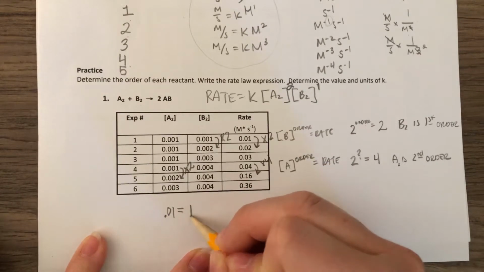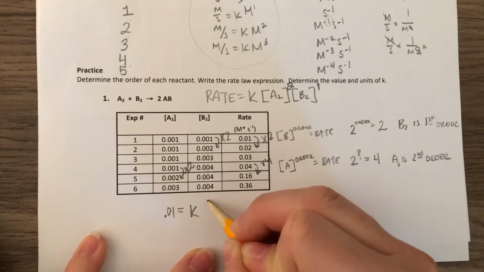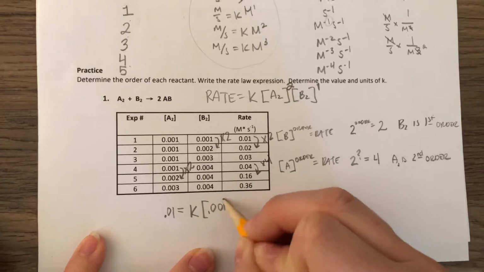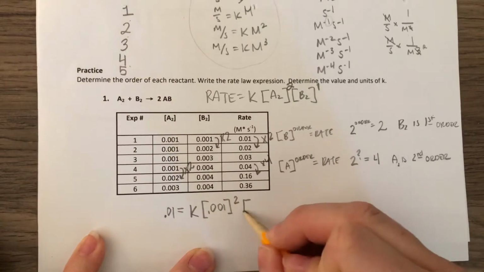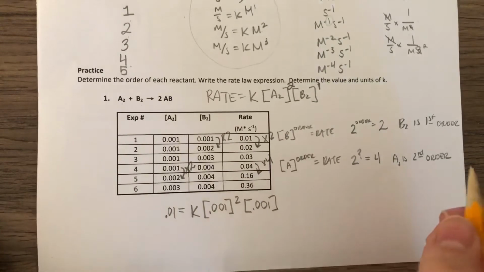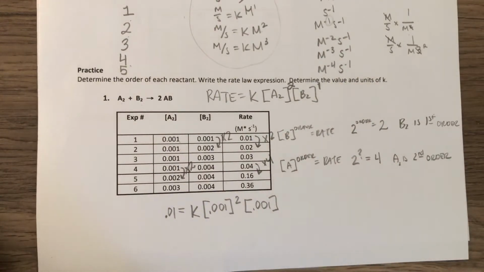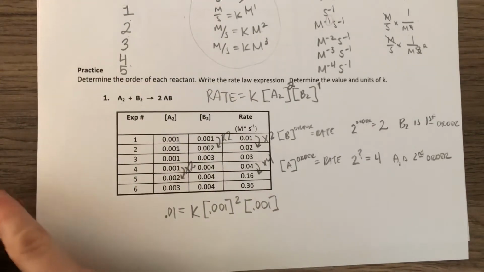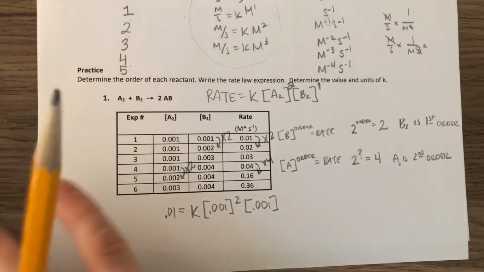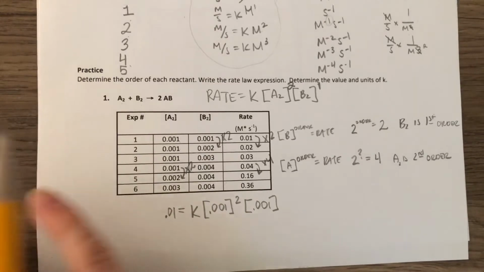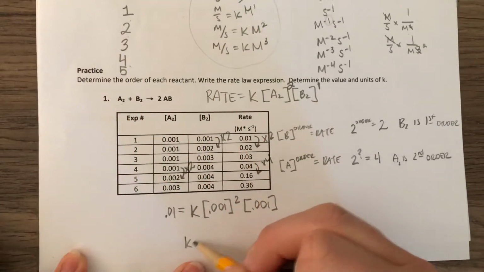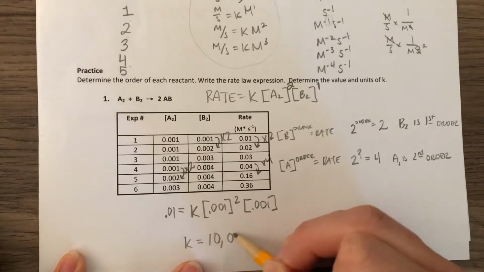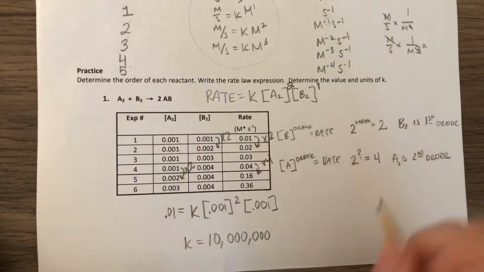That's going to be equal to K, what we're trying to solve for, times concentration of A raised to the second order times concentration of B raised to the first order. To solve for K, divide both sides. K is a big number, 10 million.